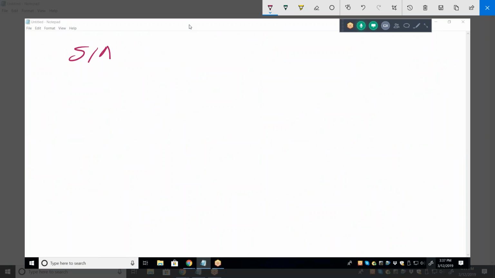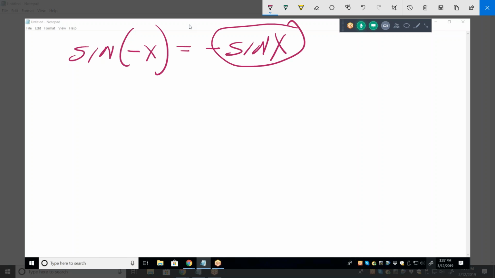If I have an odd function, that's exactly the same as this. It's frequently much easier to deal with that. That's odd.